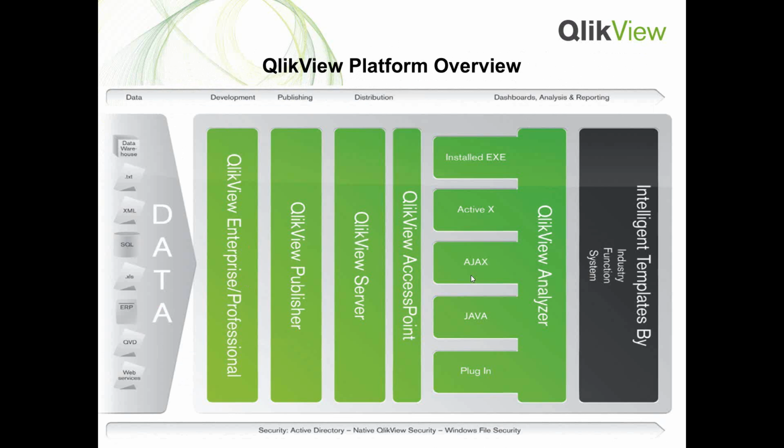Though there is a licensed version and a personal version. A personal version is a fully functional product. There is no restriction on the amount of data that you can pull in, the type of reports, or the number of documents that you can create.